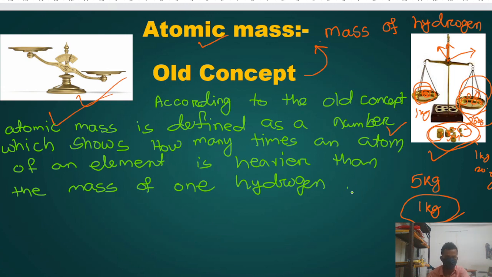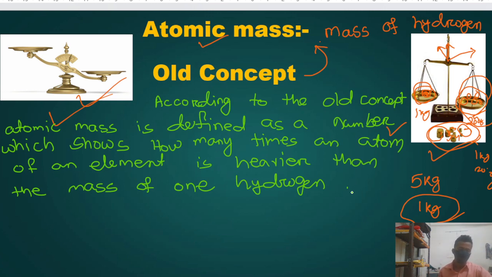Here scientists compared the mass of hydrogen with the mass of that element whose mass is unknown. We have to find the mass of that atom. So we can tell how much an atom is heavier than one hydrogen atom; that is called atomic mass.